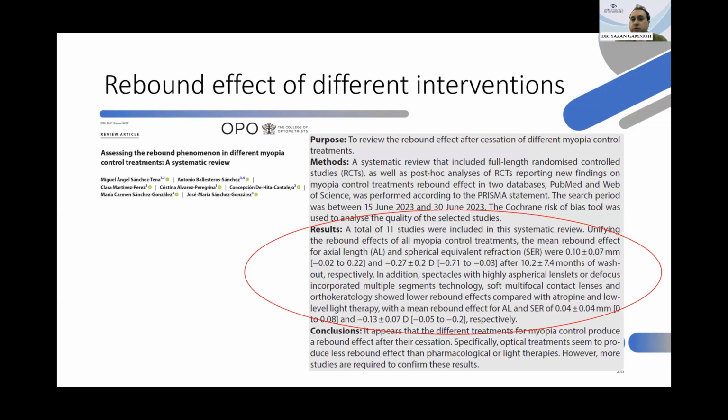However, if I just want to summarize it a little bit, they mentioned that the rebound effect of peripheral defocus ophthalmic lenses in general and multifocal soft contact lenses is lower compared to atropine. Almost 3 times more rebound effect with atropine, if you just want to think about it in that way.